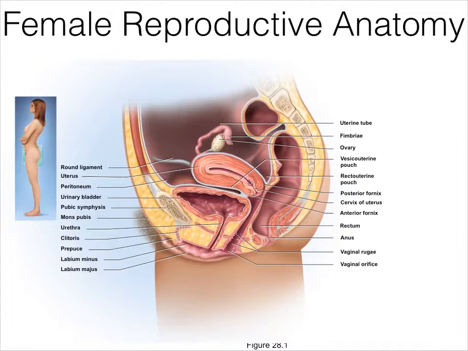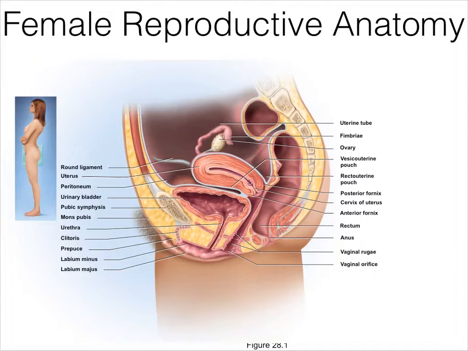Let's see, what else is important? Yes, in terms of external genitalia, the opening to the vagina is surrounded by the labia minora, or the labium minus.